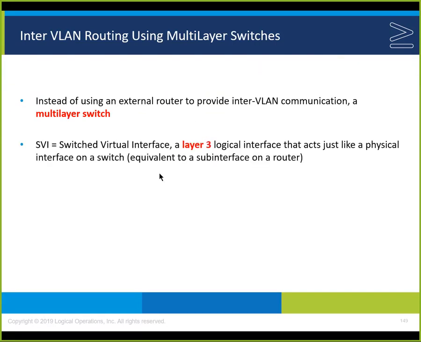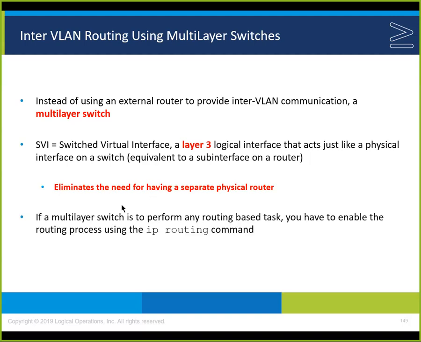The switch virtual interface is a layer 3 logical interface. It acts like a physical interface, and we did that by just making an interface, and we called it VLAN whatever we wanted it to do and added an address to it. After we enabled routing on the layer 3 switch with the IP routing command, which has to be done in order to do that, we don't have to have a separate physical router.